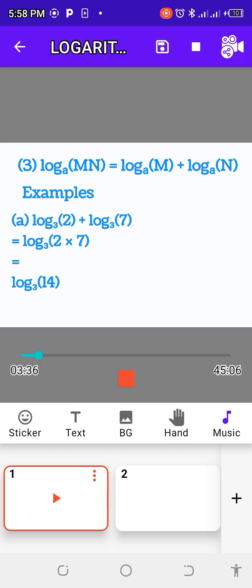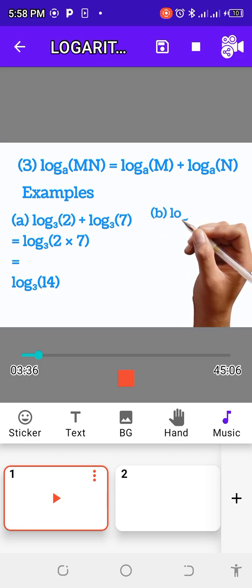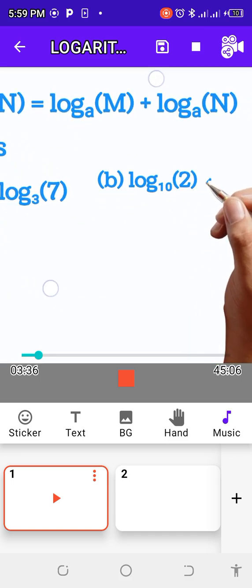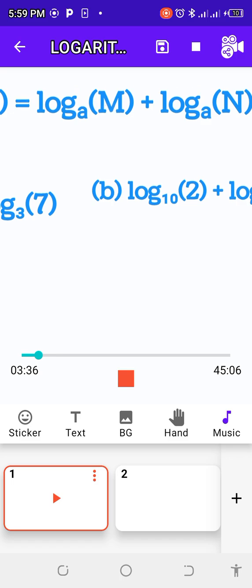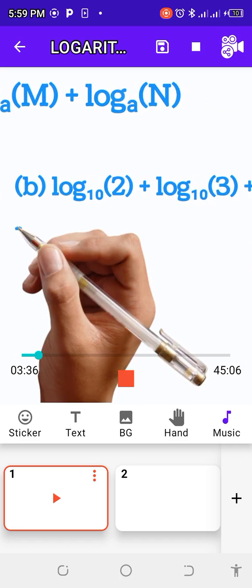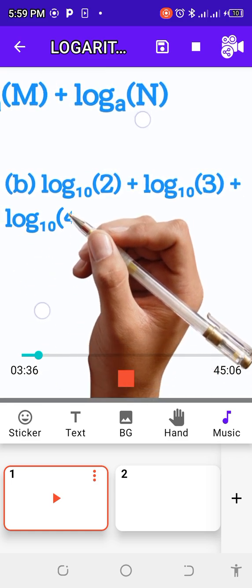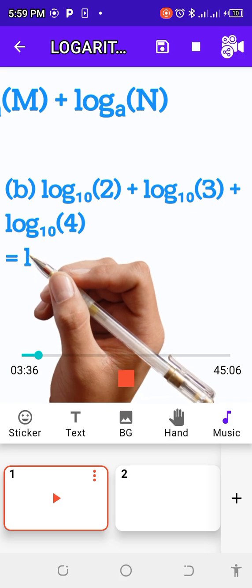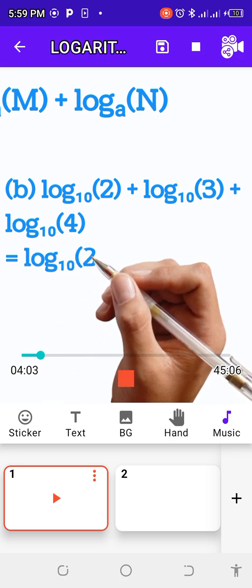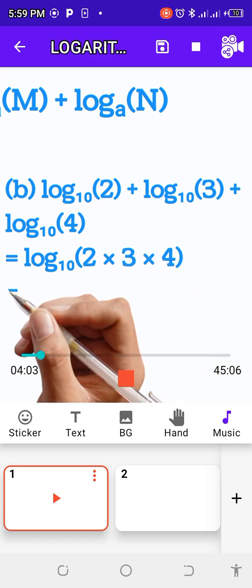Now we are going to take example B, another example on this law. Log 2 plus log 3 plus log 4, all in base 10. The same thing, what we need to do here is to multiply the logs. 2 times 3 times 4, all in base 10.